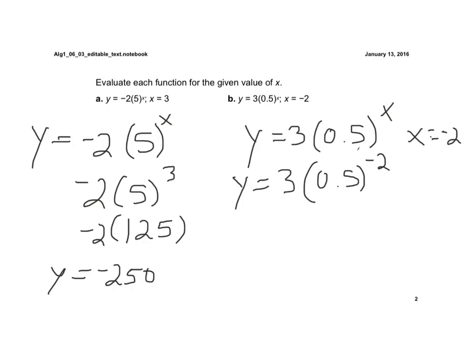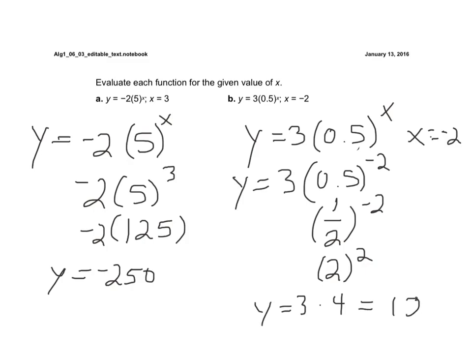Now, 0.5 is the fraction 1/2. And we want to do that because in this case, 1/2 to the negative second, again, we're in negative power, make it a positive exponent by doing the reciprocal. So 2 to the second would be 4, and then I have to take that times 3, and 3 times 4 is 12. So now I've evaluated.